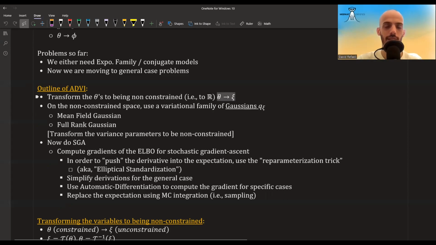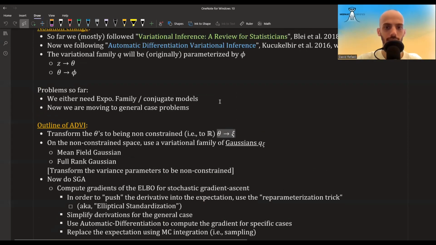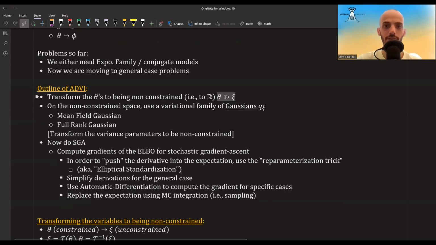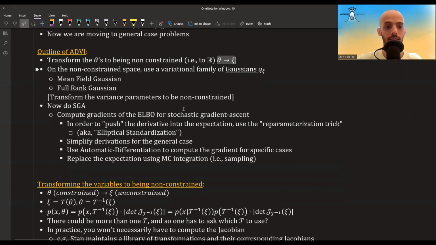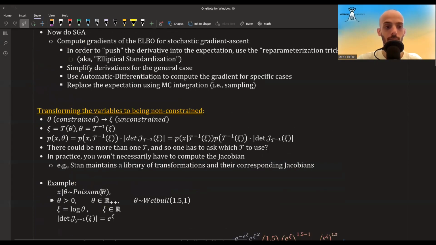We take the thetas, the quantities that we were trying to find a posterior of, and if they are constrained, for example, as I will show here in the Poisson distribution, the theta has to be above 0, we will take some transformation of it such that it's now unconstrained.